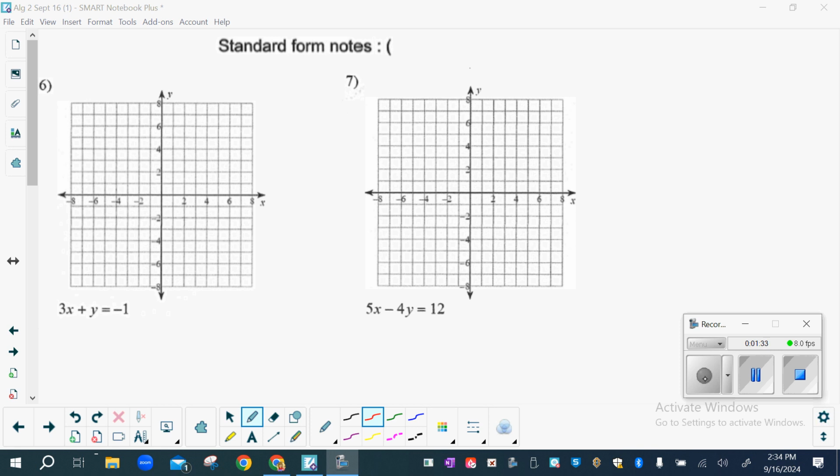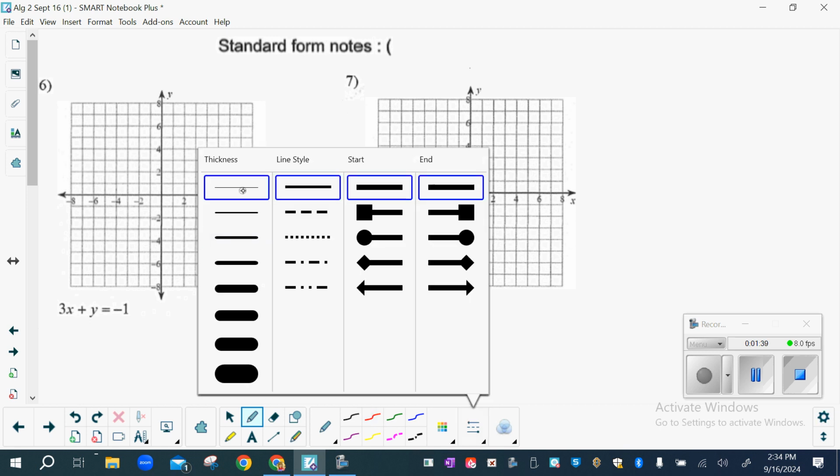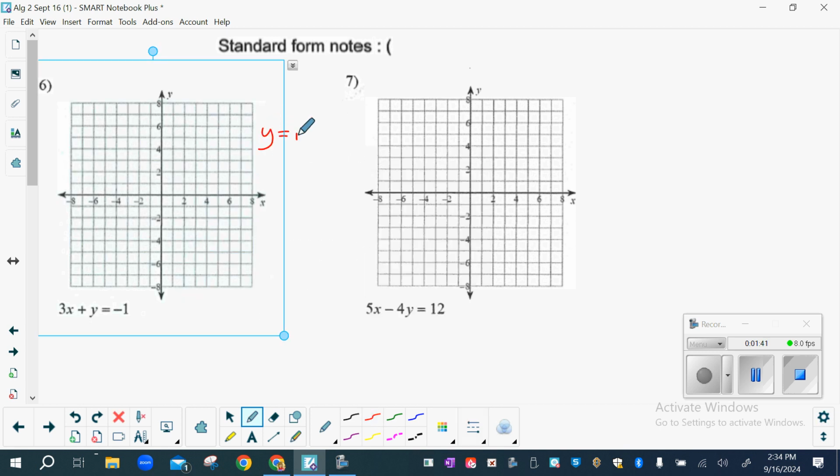Yeah, so our slope intercept form is y equals mx plus b. So we want to change it to look like that.